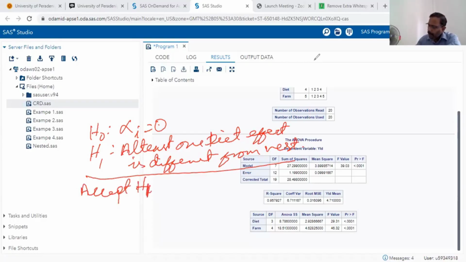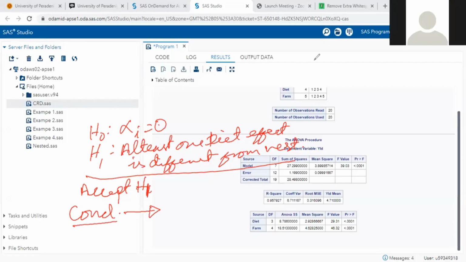So we accept the alternative based on the results. What is my conclusion? Anyone? There is a significant effect of diet on milk yield.